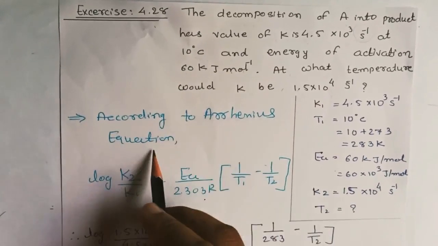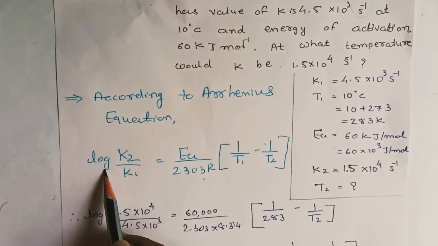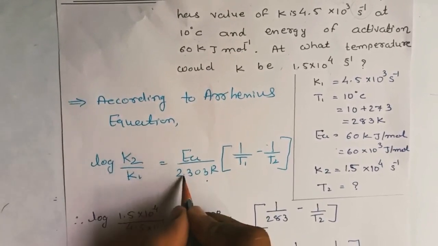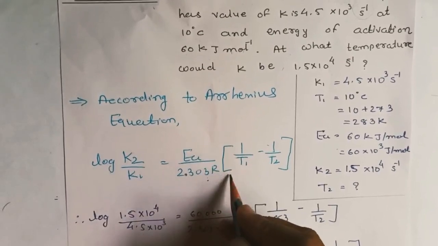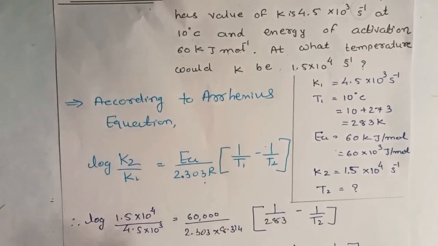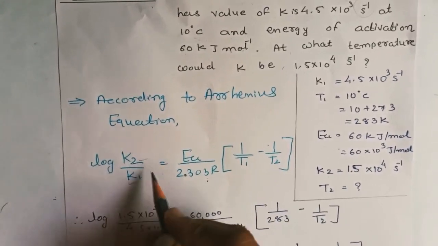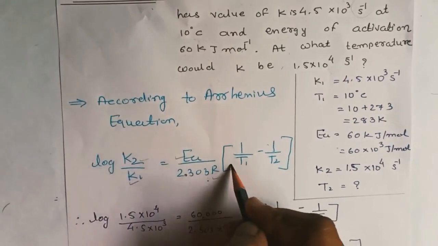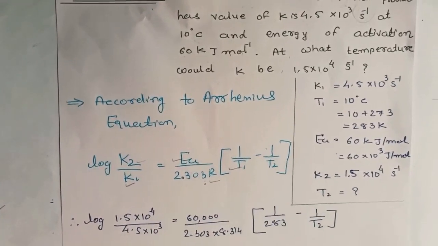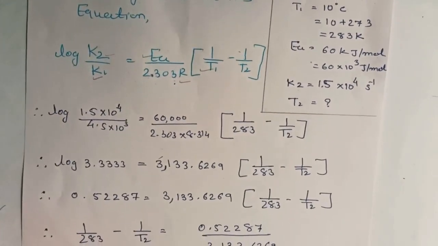According to the Arrhenius equation, log K2 by K1 equals EA by 2.303 R into the bracket 1 by T1 minus 1 by T2, right? Now the values of K2, K1, EA, R and T1 are given, only T2 is unknown, so we can easily get the value of T2.